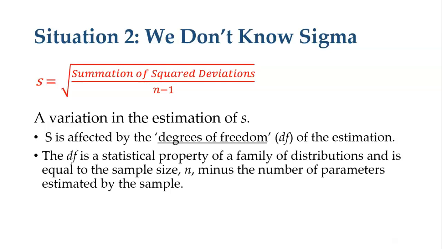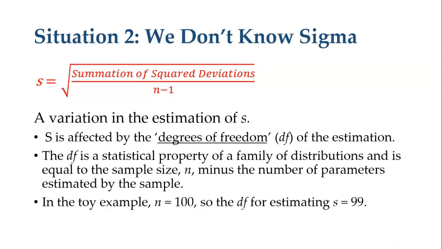In this case, I said that we have a sample of 100 individuals, and we want to estimate just one parameter. So we have a degrees of freedom of 99.